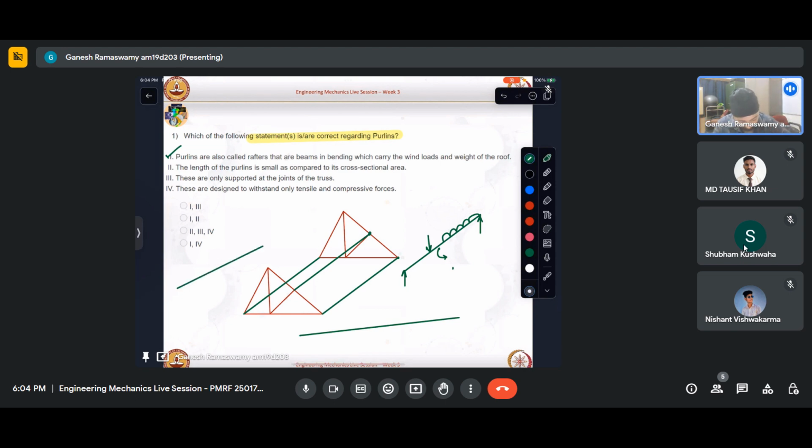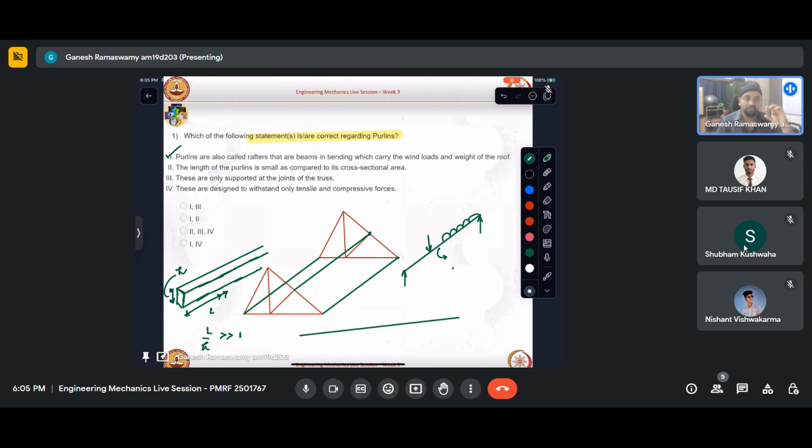So if I have a rectangular beam with a cross section like that, and we extend it like that, call this dimension h, and this dimension that goes along is L. So L by h would be much greater than 1, because it is a very slender member.